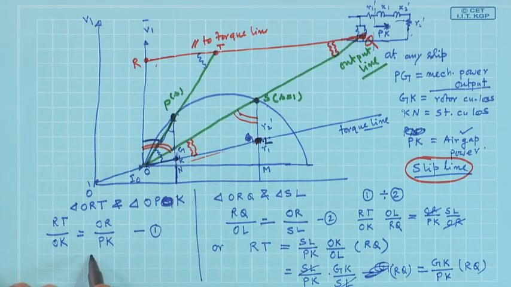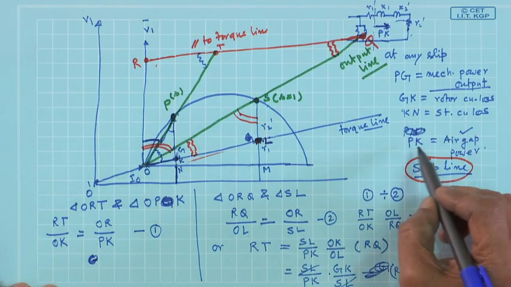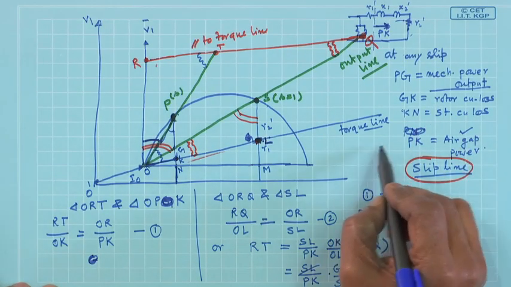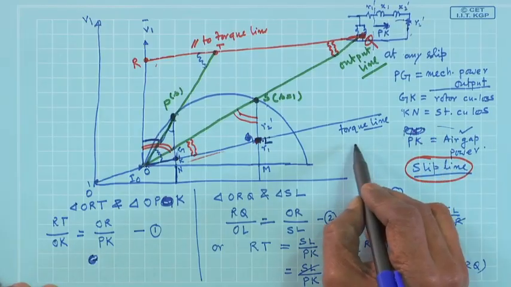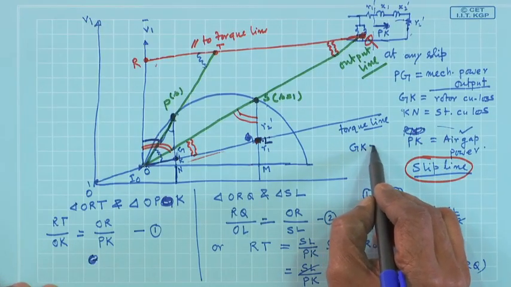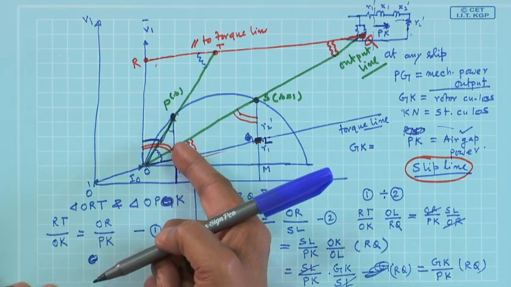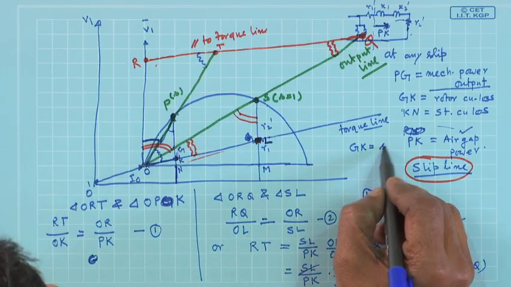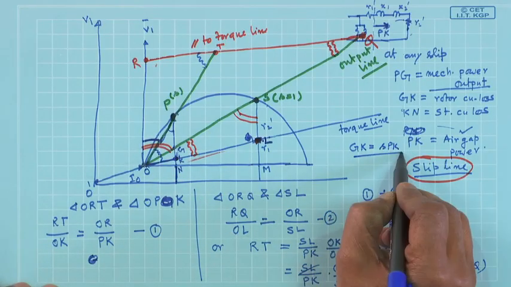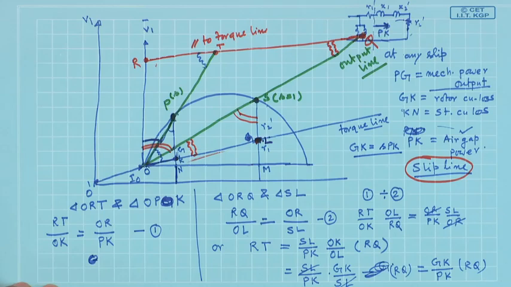But what is GK by PK? PK is air gap power and GK is the rotor copper loss, which must be equal to S into PK. Therefore, you get RT is equal to S into RQ.